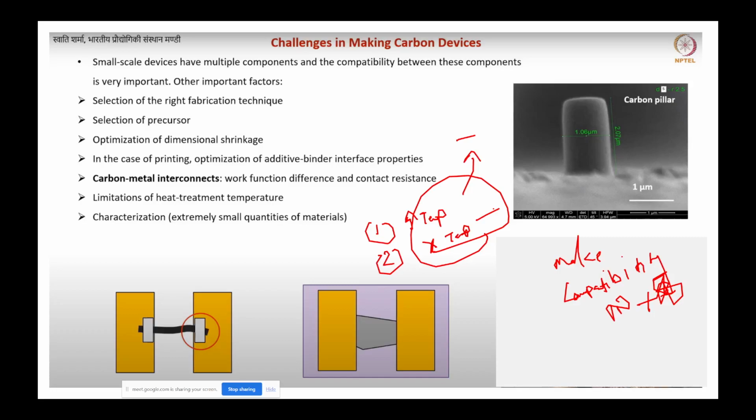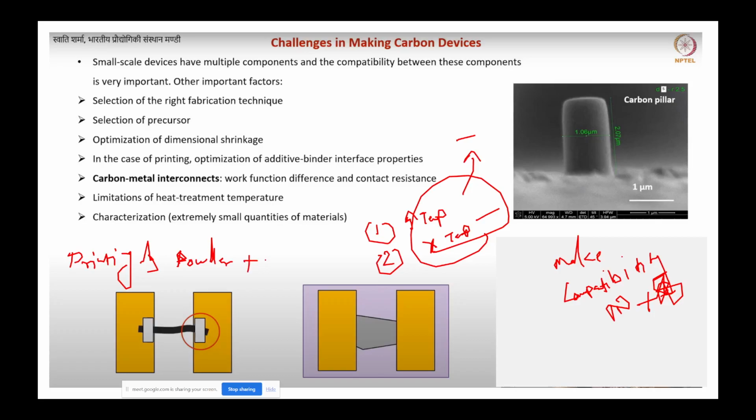It is very important that whenever you go for a printing process, say 3D printing or screen printing, there are many steps or optimizations required. In any printing, let's say you will have your powder, or your nanomaterials.